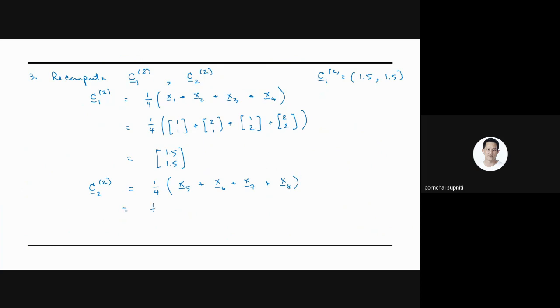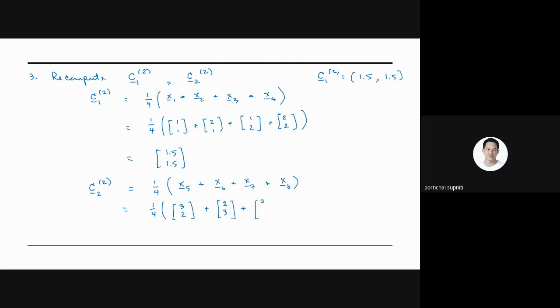And if I compute it, what do I get? Can anyone say x5? So I don't have to go to the previous page. What is x5? 3, 2. Okay, how about x6? 2, 3. How about x7?